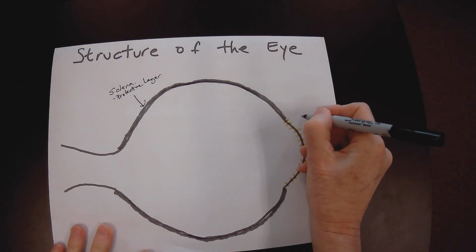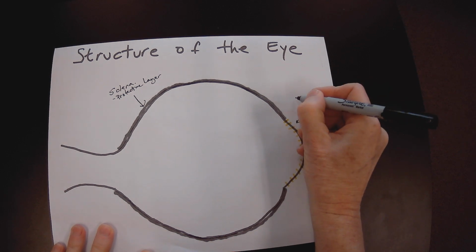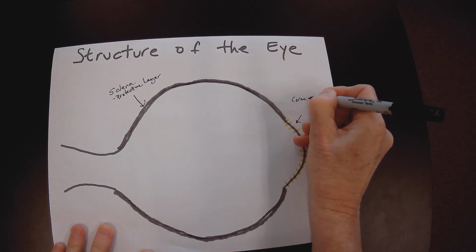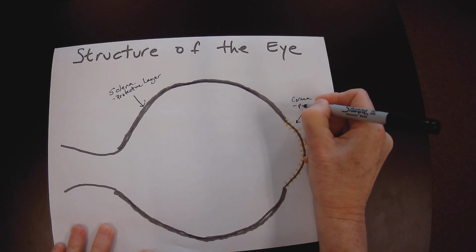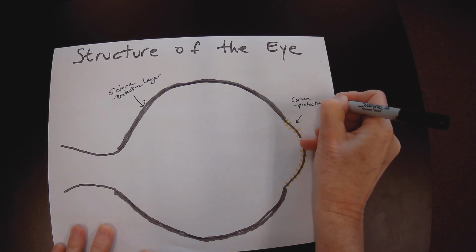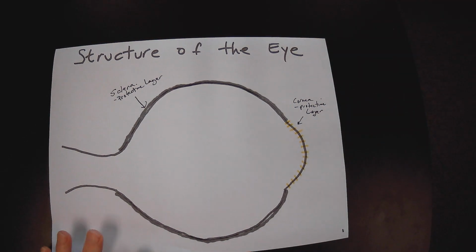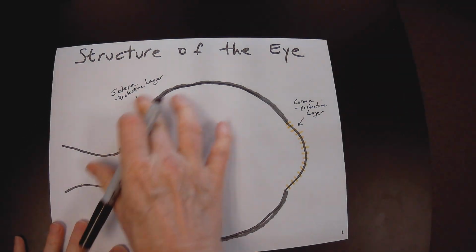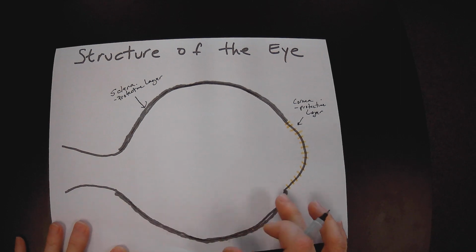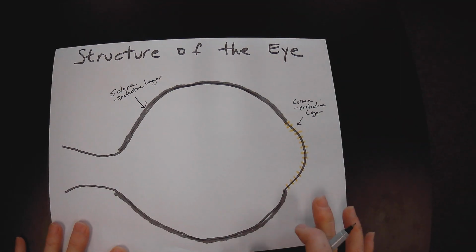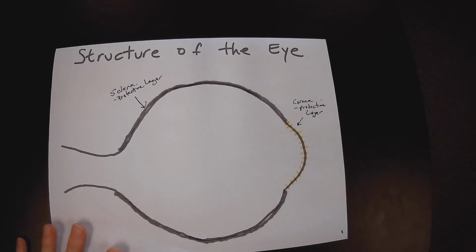Yeah, that's your cornea. So the cornea is going to be a protective layer. Okay, so the first layer, makes sense it would be protective. You have the sclera, most of the eyeball, and then in the very front of the eye you have a clear layer, and that's your cornea. Both are protective layers.